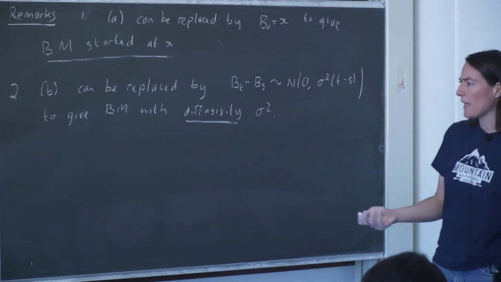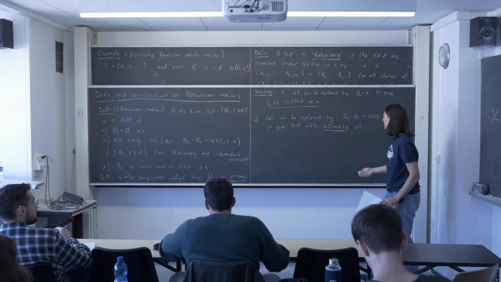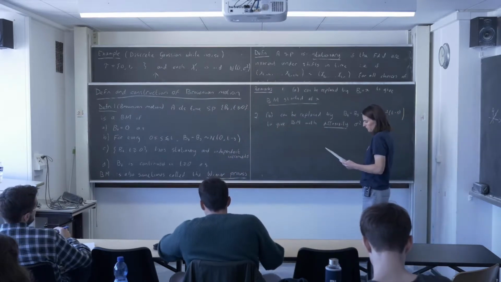In that case, the one where sigma equals 1, which we have here, we refer to as a standard Brownian motion.